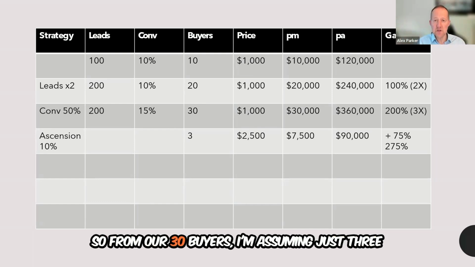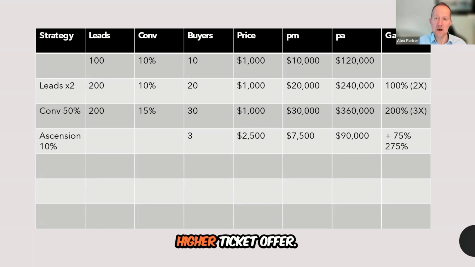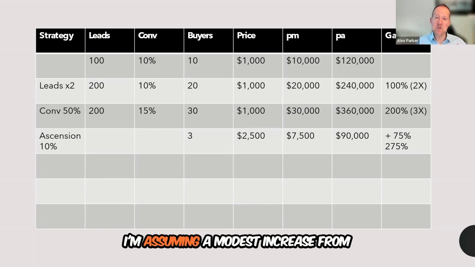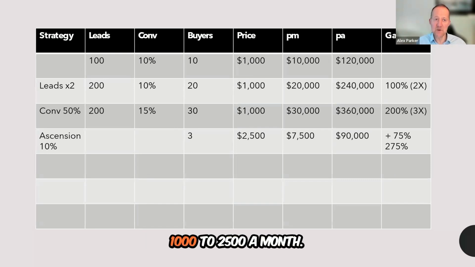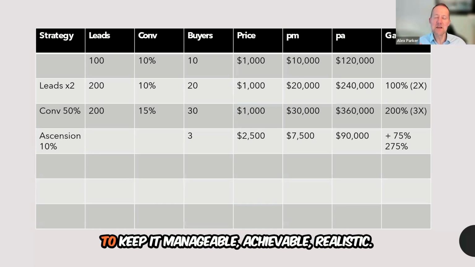So from our 30 buyers, I'm assuming just 3 of them will take a higher value ticket offer. I'm assuming a modest increase from 1,000 to 2,500 a month. Again, in Dan's example, I think he gives $10,000, but I just want to keep it manageable, achievable, realistic.